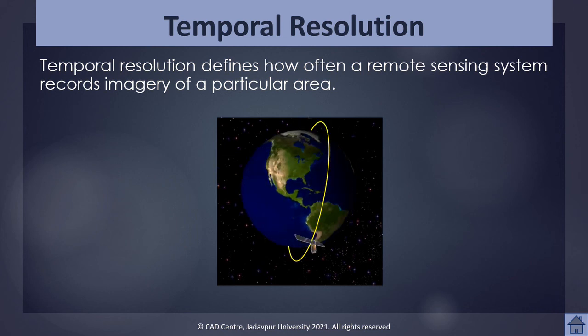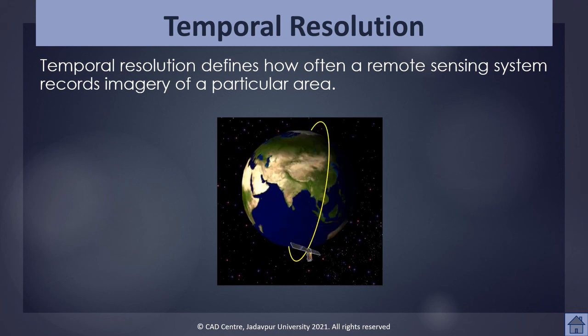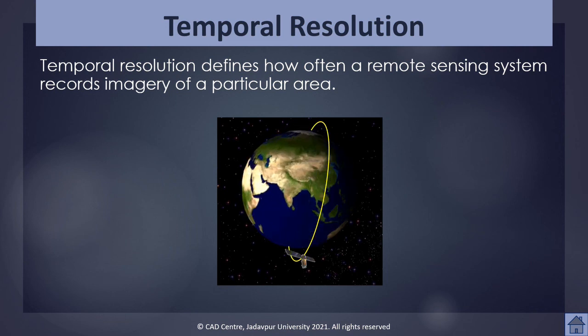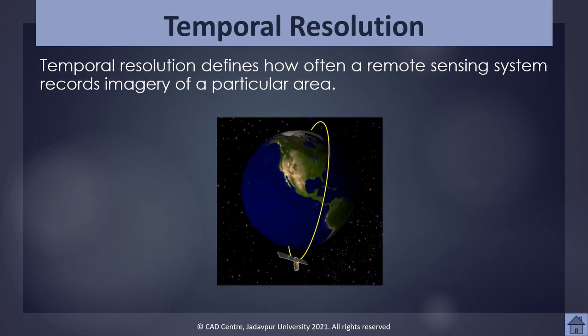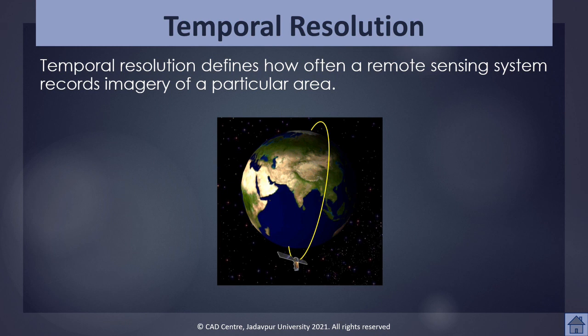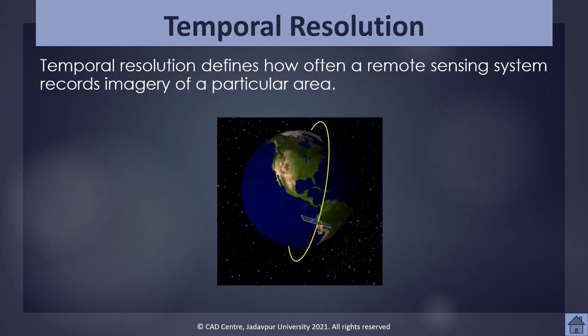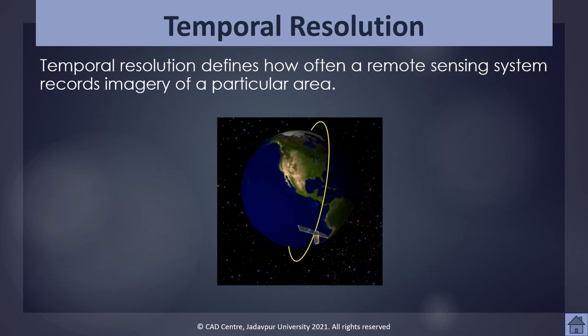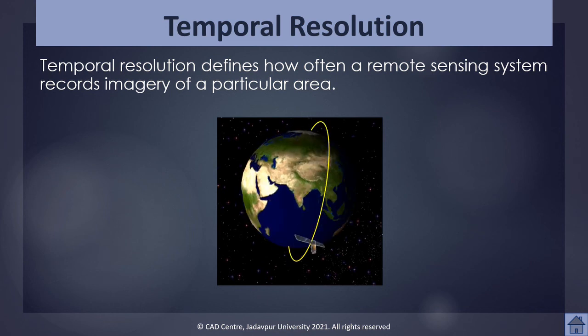Anyway, so in summary, sensors are associated with 4 different resolutions. For the aerial sensors, we have actually 3 different resolutions associated with them: spatial, spectral, and radiometric.